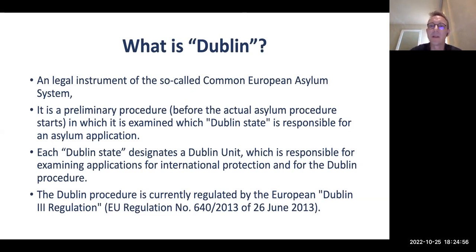By establishing this Dublin system, basically a country can say, I'm not examining your asylum application because you came through another safe country. And that's why I'm sending you back to this safe country, and you can do your Dublin procedure over there. We will see that this concept is based on an idea which is considering Europe as one big state to some extent.